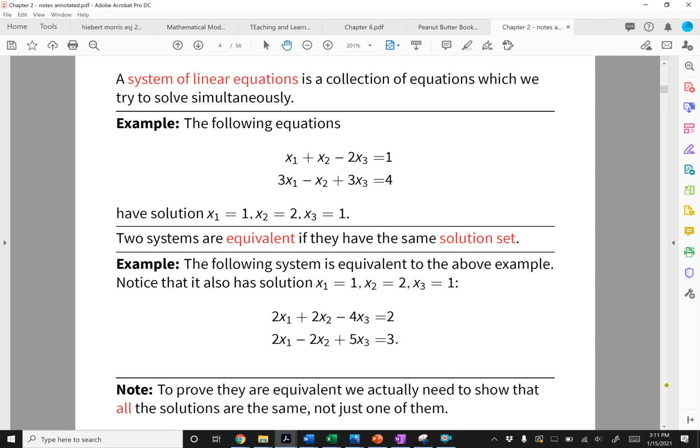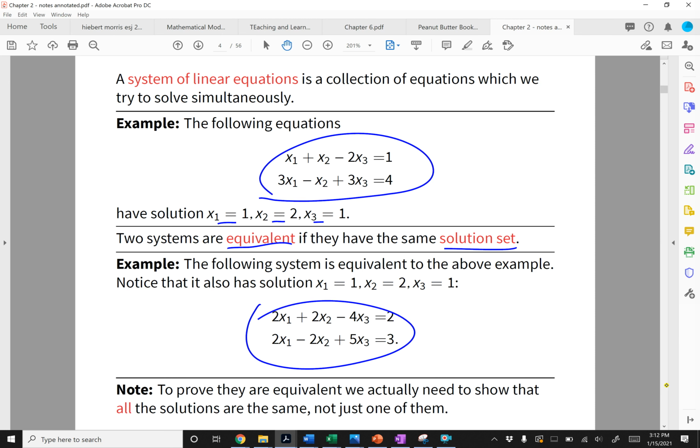That's what a solution is. We call two systems equivalent if they have the same solution set. I should have warned you up front, there's lots of new vocab in the beginning of chapter 2 here. So this is a solution. This is an equivalent set to this because the solution set is the same. We're going to talk about how to connect those.